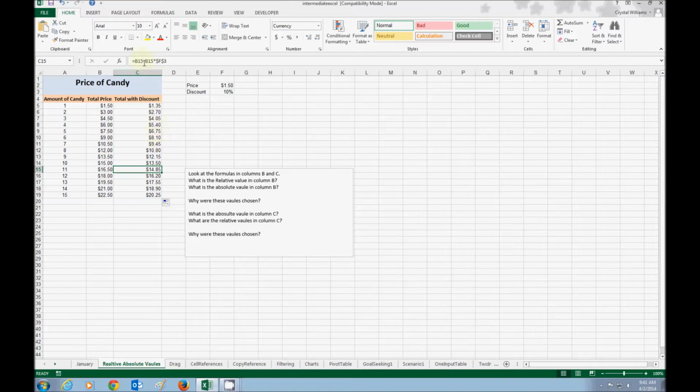So it will look for the pattern. Well, it's always going to reference the cell to the left. So that relative value changes to the cell to the left. The absolute value, F3, no matter which cell I click into or which cell I copy the formula into, will always be right here, F3. That's because the 10% value doesn't change.